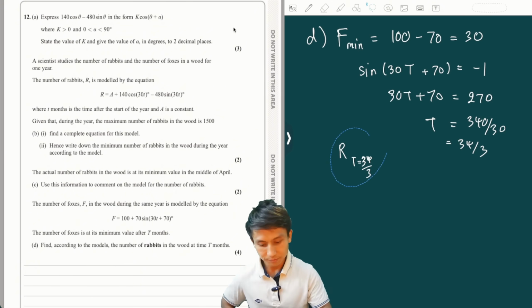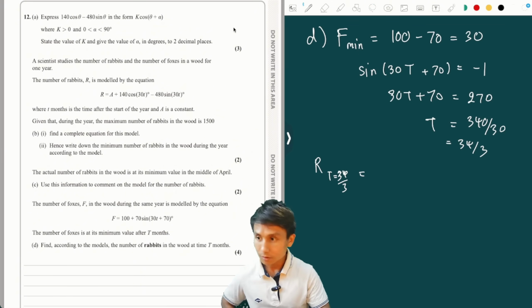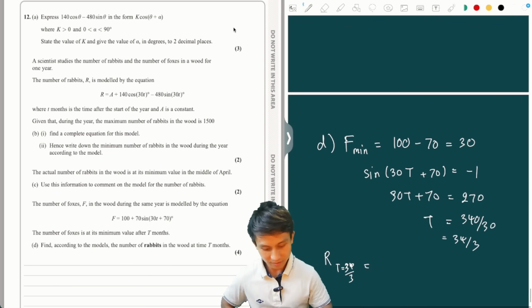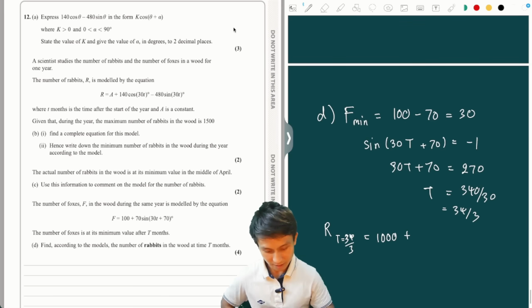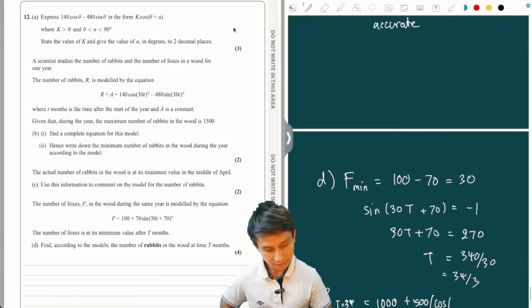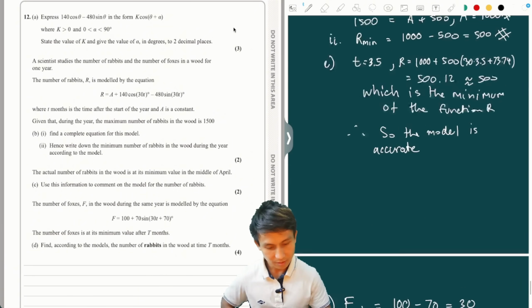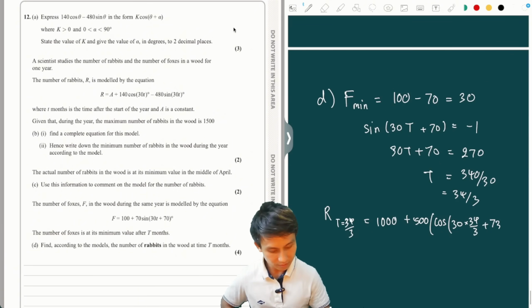Equals, using the previous function we obtained, 1,000 plus 500 cos of 30 times that plus 73.74.